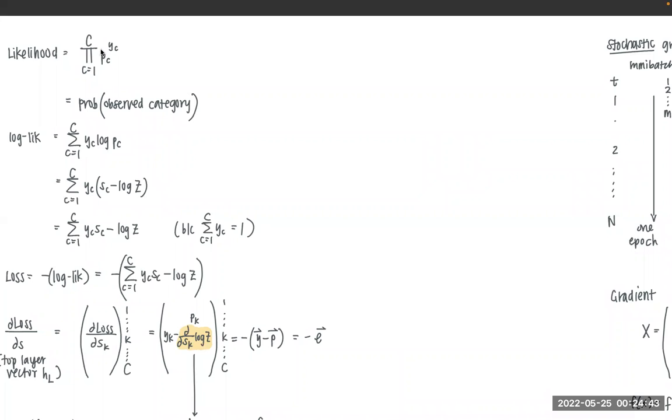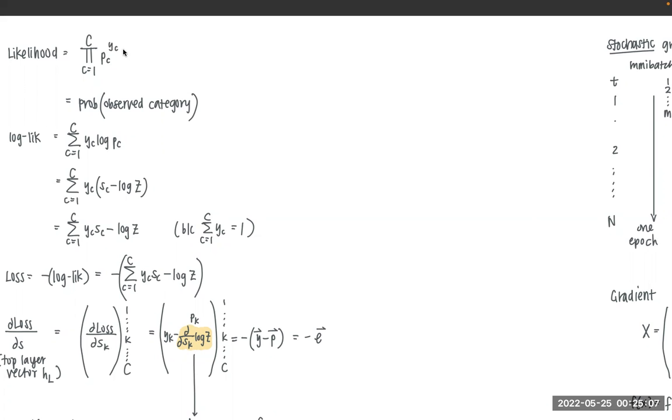And how do you write in this mathematical form? You can write this as the product for C, small c from 1 to capital C, of P sub C to the power Y sub C. And we know that this Y sub C is an element of this one hot vector. So there's only one small c so that Y sub C equals 1.